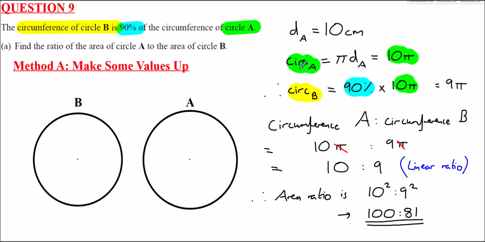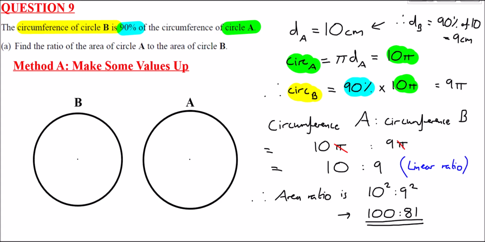Another way we can think of this, without thinking about linear ratios, is just working out the radii. So for example, if we go for the diameter of A is 10, we'd have that therefore diameter of B is going to be 90% of 10, which will be 9 centimeters.